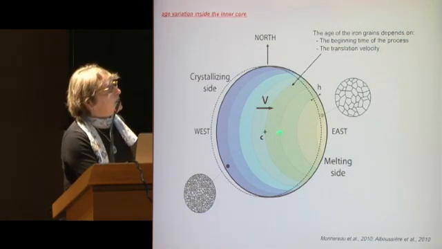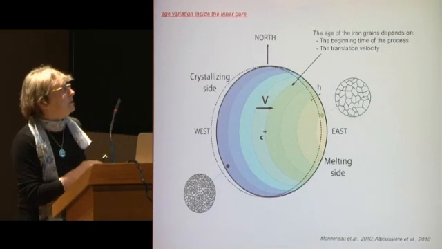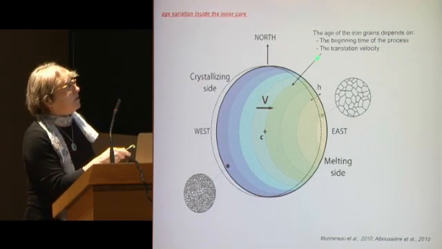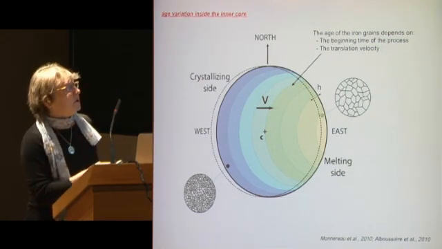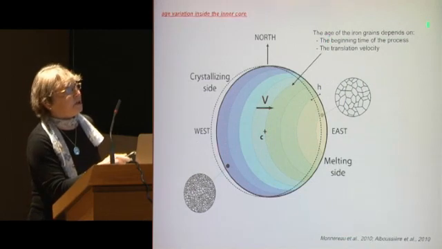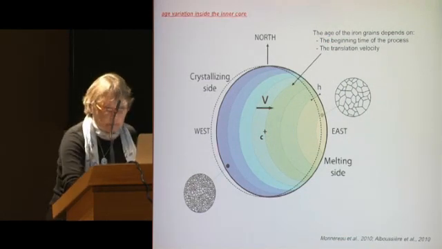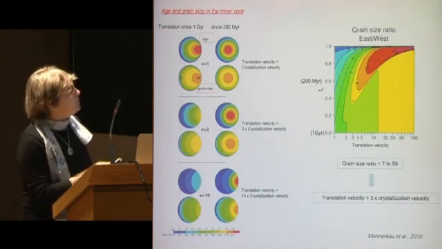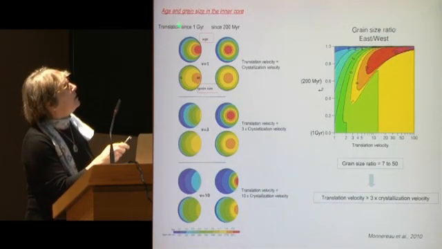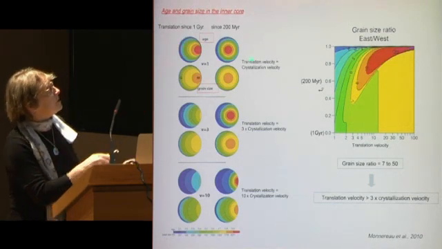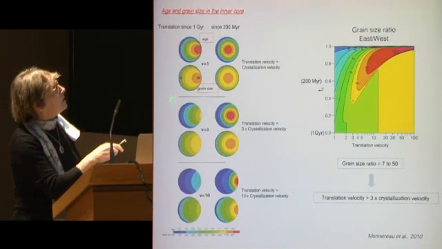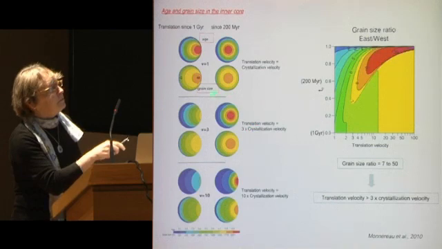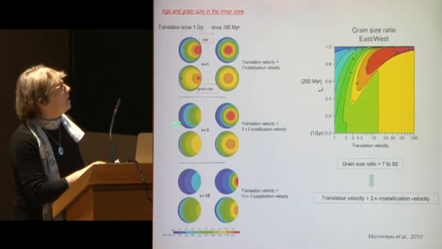This age variation will depend on two factors: of course, the translation velocity, and also the time at which this process began. Here are different configurations. There are in fact three cartoons.